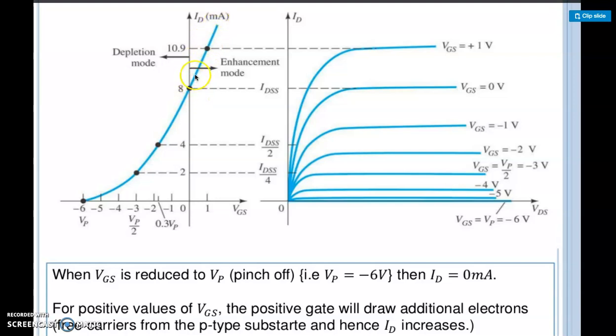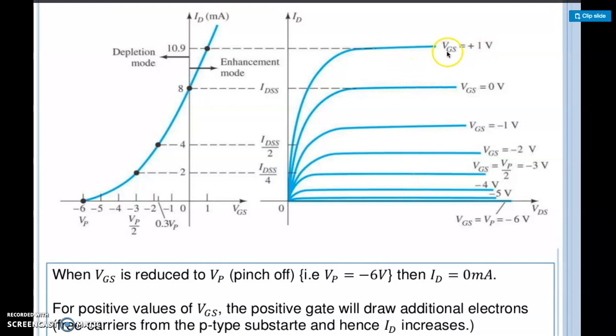So from this point to this, it is referred to as enhancement mode, and from this point it is referred to as depletion mode. This side it is enhancement mode. And when compared in the drain characteristic, lesser than VGS equal to 0, this area is the depletion mode area.